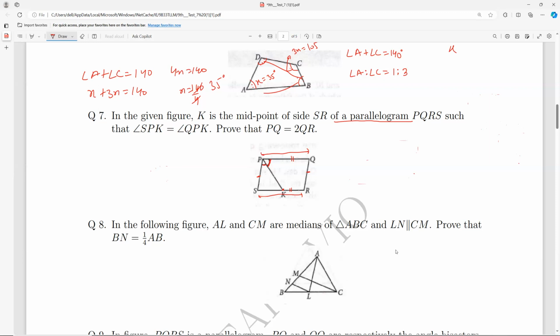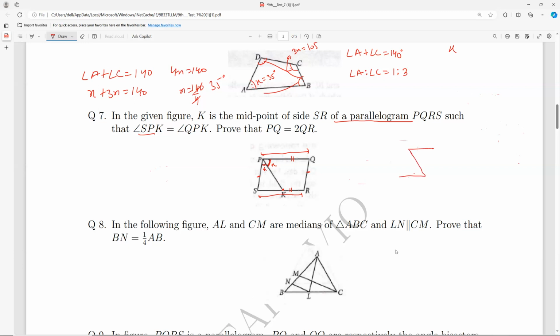Good. Now you know that if this angle is X, so this will also be X, because it is given that angle SPK is equal to angle QPK. Now you know that this side is parallel to this side.